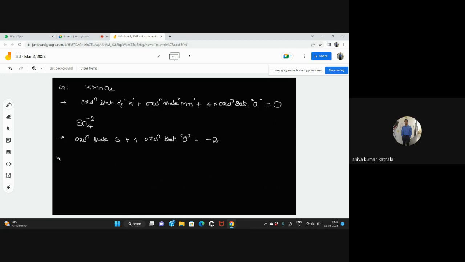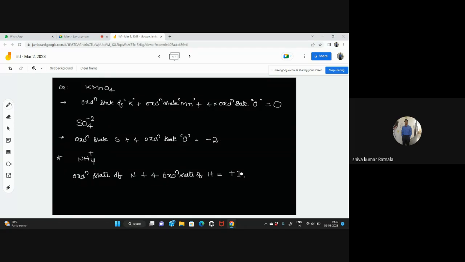In the same way, for NH4 plus, with a positive charge, you will write like this only. Nitrogen plus 4 into oxidation state of hydrogen is equal to plus 1.